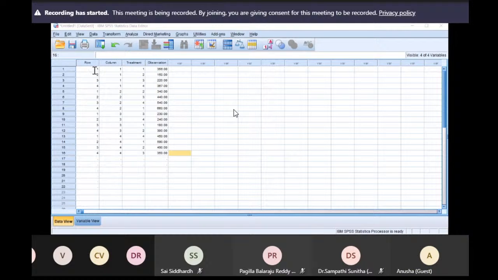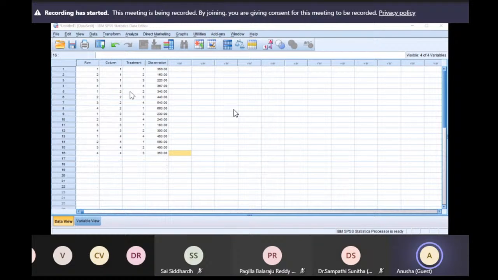I will also show Design Expert later because I have to check the options once. Delete the total data.